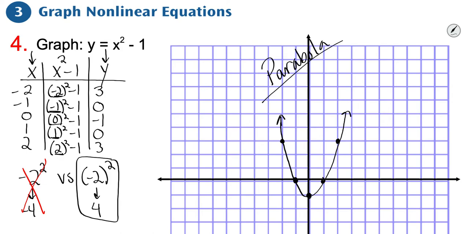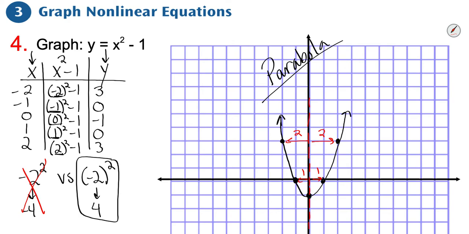And the nice thing about these, I said they have that pattern. They are symmetric. Okay, so we should have the same thing on this side of the graph as we do over here. The points should be reflections of each other. Okay, I'm 2 units away there, I'm 2 units away there. I'm 1 unit away here, 1 unit away here. That's how you know you did that right, if they're symmetric on both sides, if you cut it in half, okay?